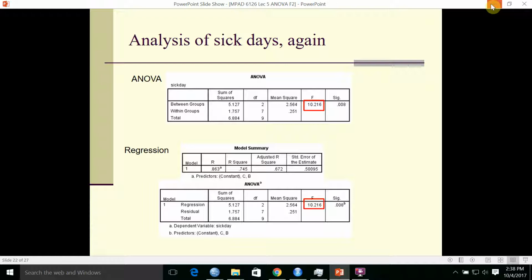So if we regress those 3 categories on the outcome, we get the regression output, and the F test is shown, 10.216, significance 0.008. So that gives us even more confidence that the tests are working as they should.